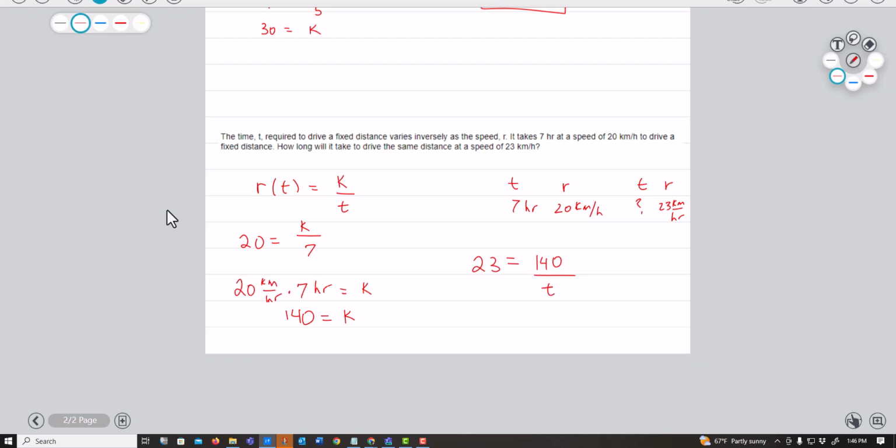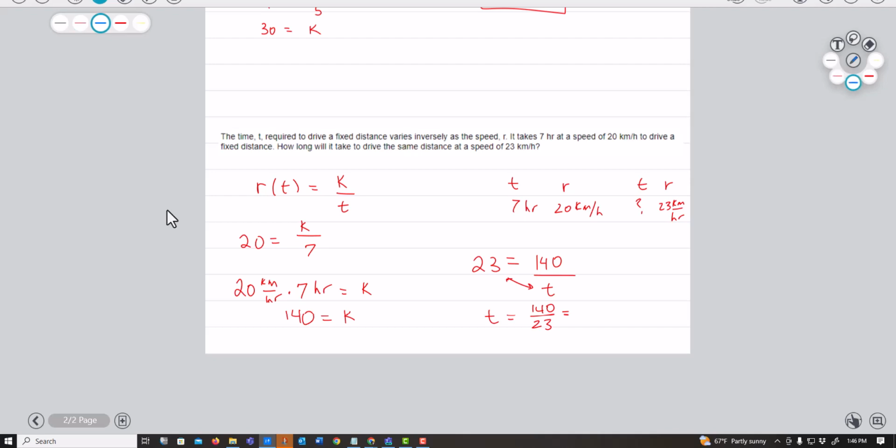Now be careful with this, because you're actually bringing this over here, right? I just kind of say I switch them, but you're multiplying both sides by t and then dividing both sides by 23. And then you've got to go back to the olden days and figure out how you turn this into a mixed number. Remember, you're doing this. I don't know where to do it, so I'll do it right here.